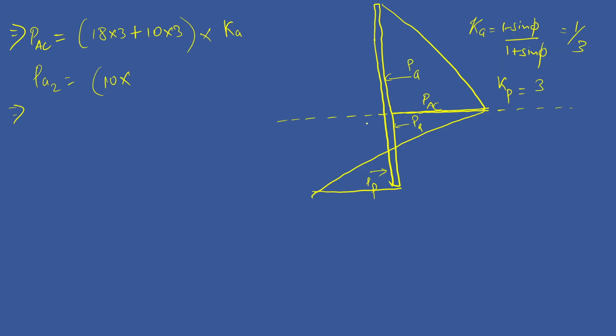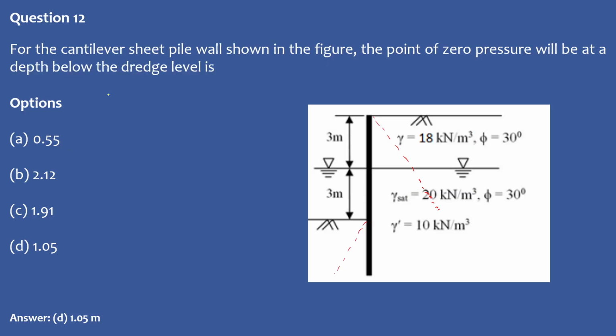So let's assume that this is 10, this is A, and then this is your PA3, or let's say PP. This PP will be multiplied with your K. Is the force given to you how much?